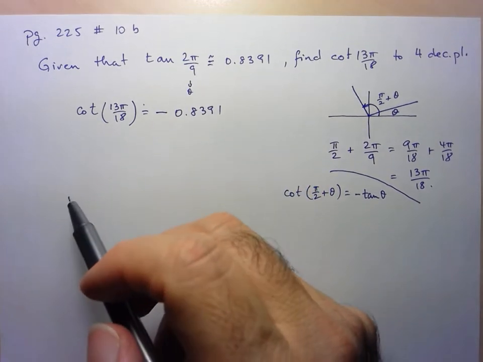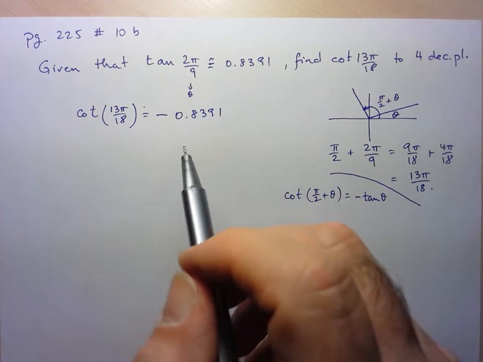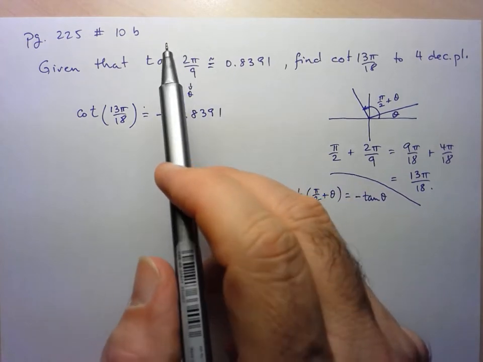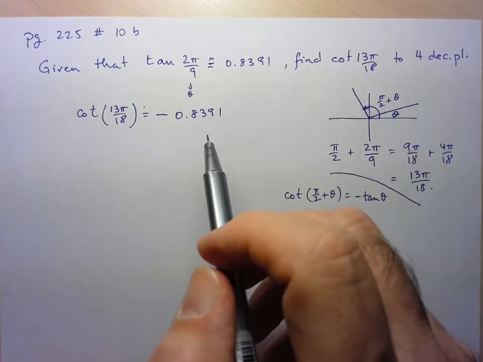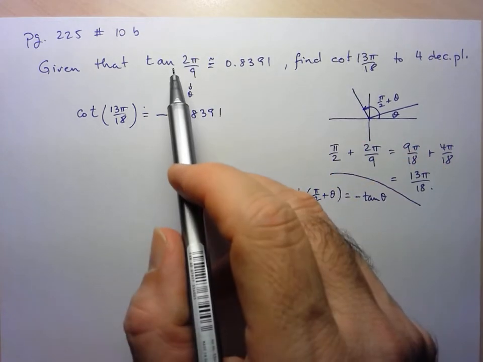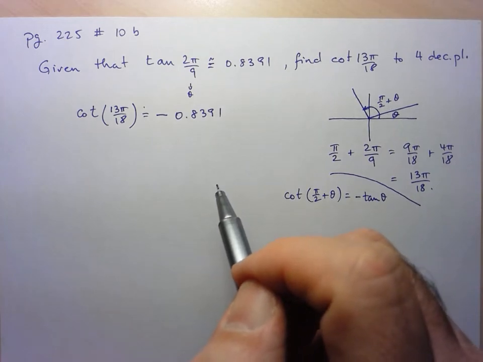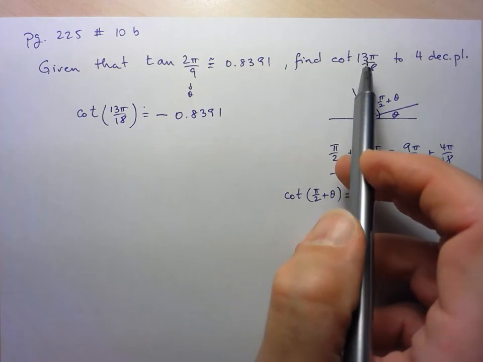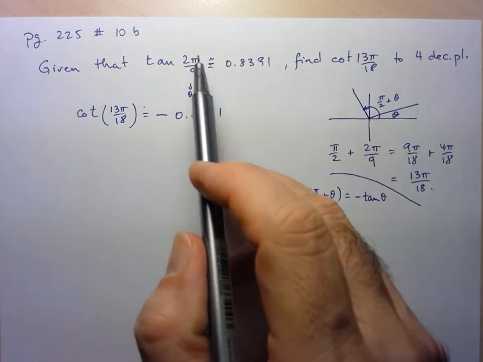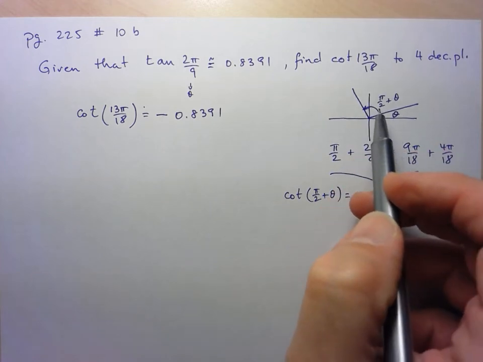Let's take a look at the steps that I followed. First of all, I recognized that because I'm trying to find a relationship between a tangent value and a cotangent value, that made me think of using correlated angles. I looked at the quadrants of these two angles and found that one was in the first quadrant and this one was in the second quadrant.